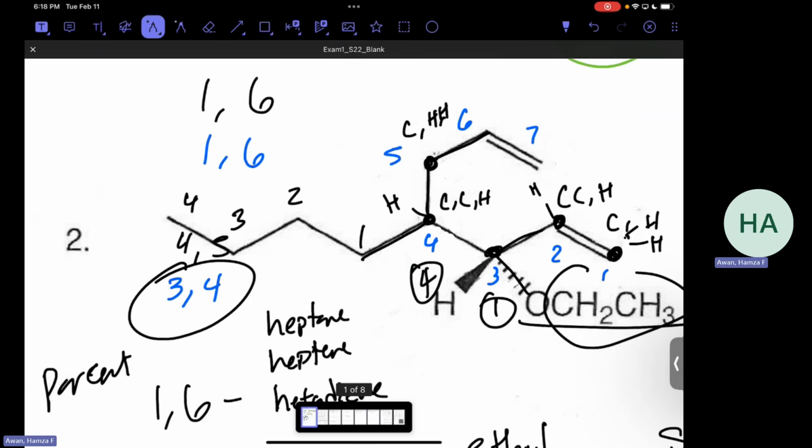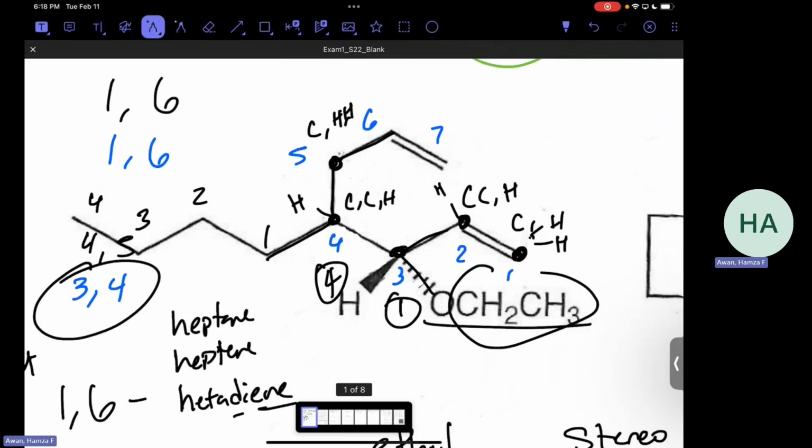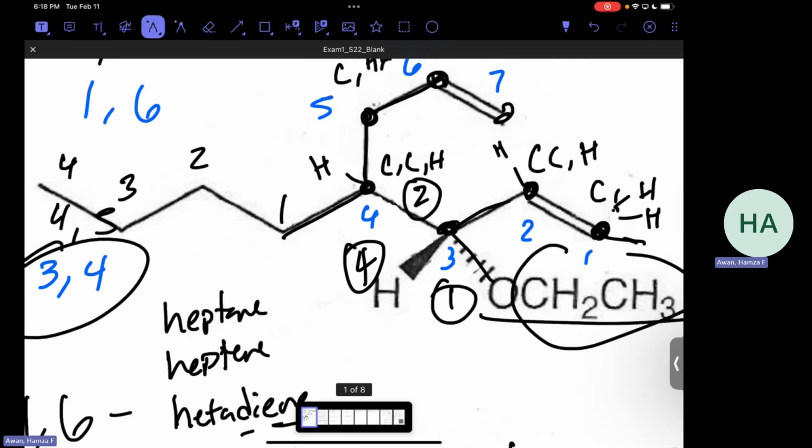But we have more to go on from carbon 5 than we have from carbon 1, right? If we went on from carbon 1, there's no other carbons. But on carbon 5, we can go to carbon 6 and then on to carbon 7 as well, right? So that means that our left one towards carbon 4 is going to be a bigger group, and the right one is going to be a smaller one.